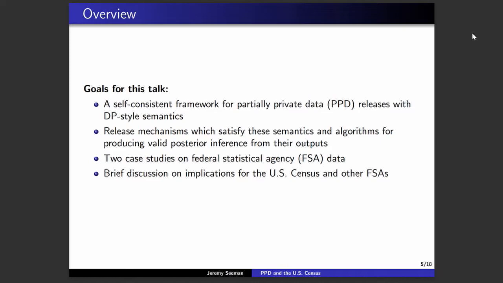I'll briefly touch on two case studies specific to a couple of different federal data sets and talk about what this means not only for the US Census, but also for other federal statistical agencies that might want to use differential privacy or other formal privacy techniques in the future.